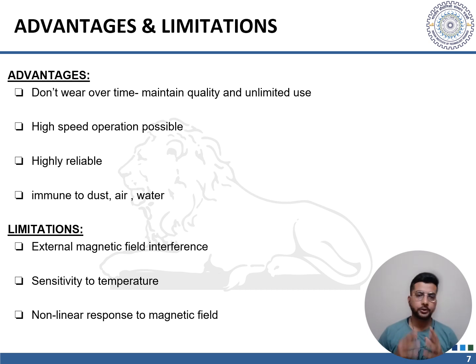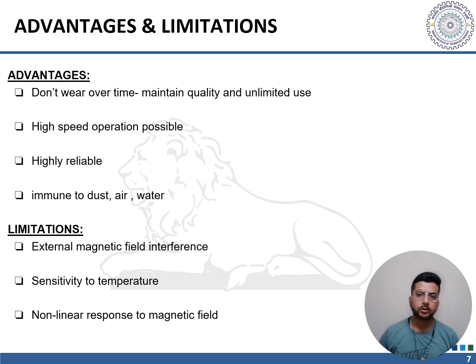The application of the Hall effect in sensors and transducers has many advantages and limitations. The advantages include that Hall effect sensors do not have any contact with neighboring mechanical parts, which makes these sensors strong and sensitive enough to detect any kind of movement.